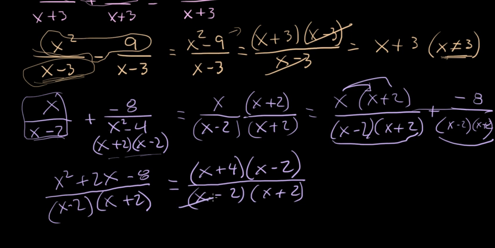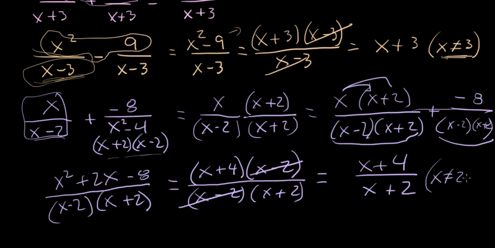And you can see I can cancel now this and this. So I end up with x plus 4 over x plus 2. And this is my final result. And again, I have to look at my domain restrictions. x cannot equal 2 or negative 2. Why can't it be negative 2?